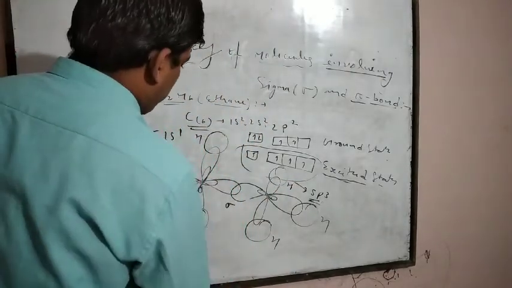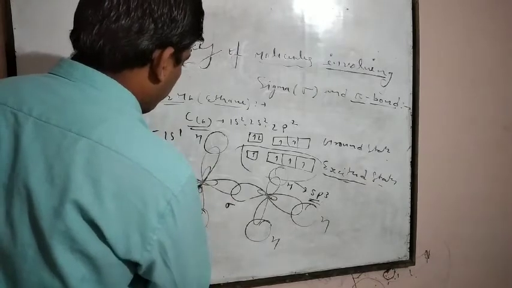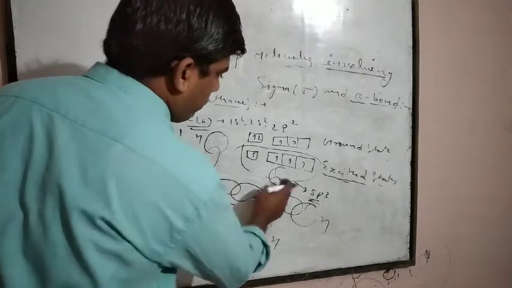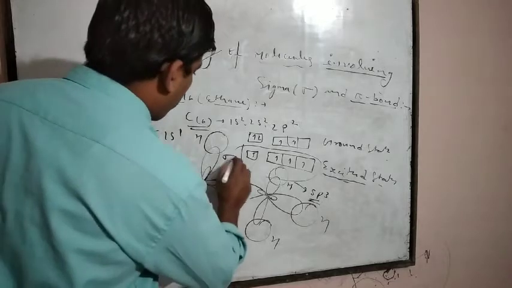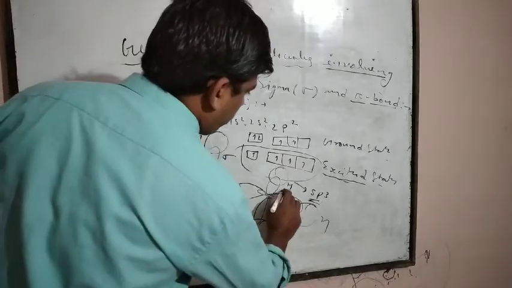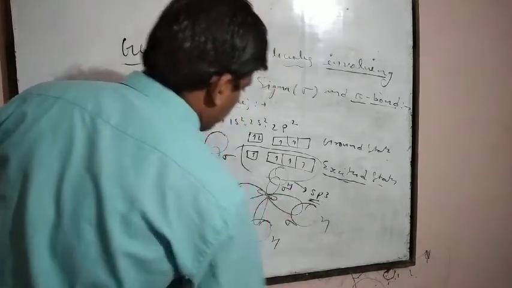Now here 1, 2, 3, 4, 5, 6, 7: 7 sigma bonds will form.